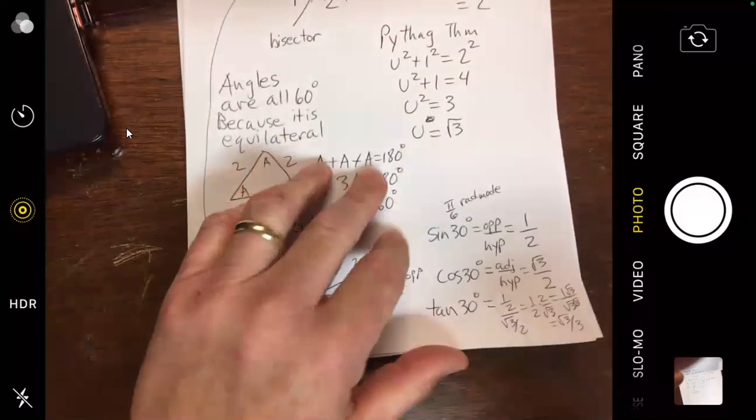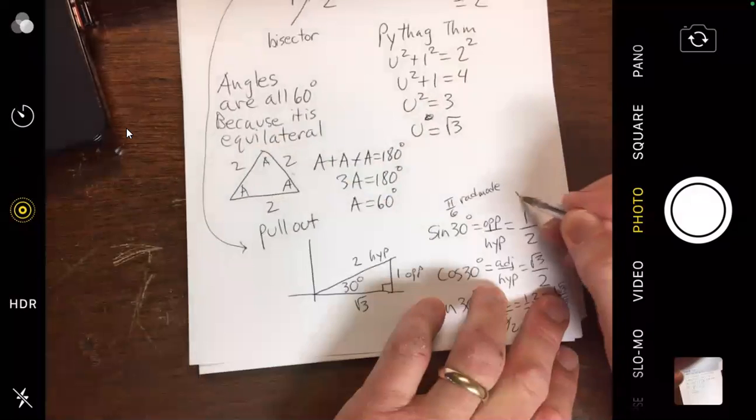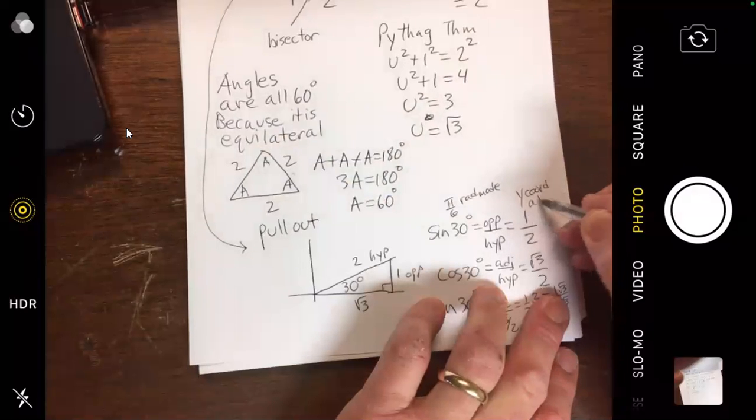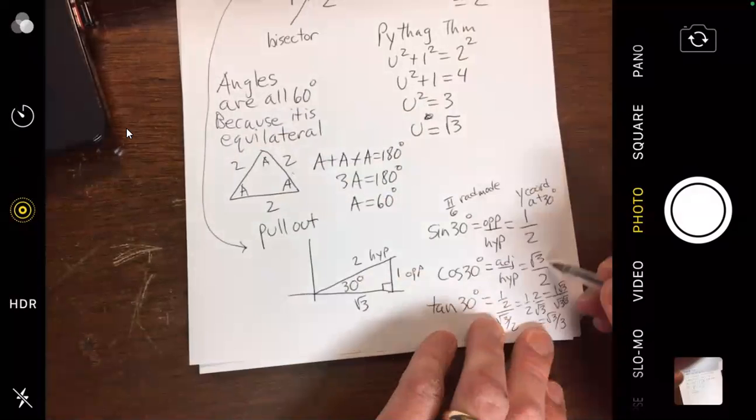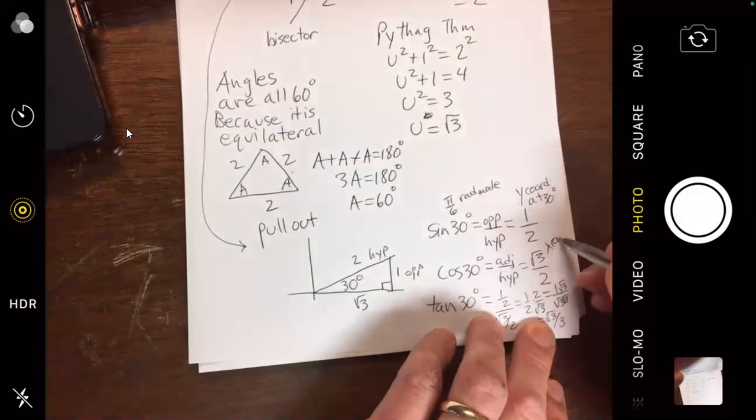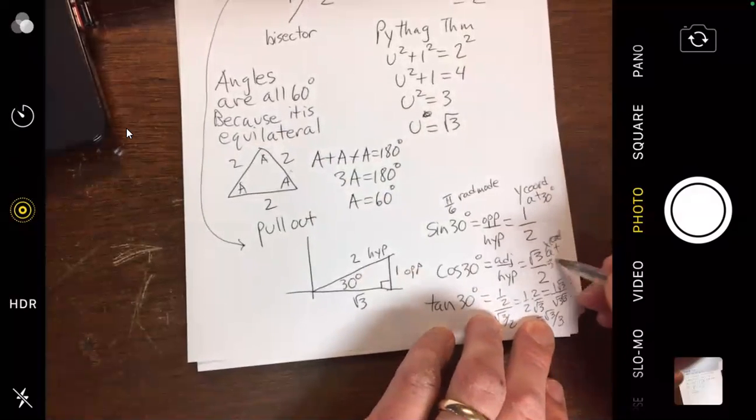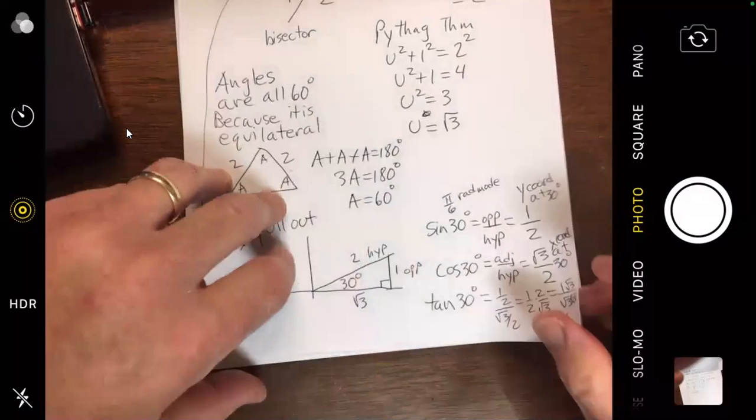This is my y coordinate at 30 degrees, and this is my x coordinate at 30 degrees. So let's put this on the circle.